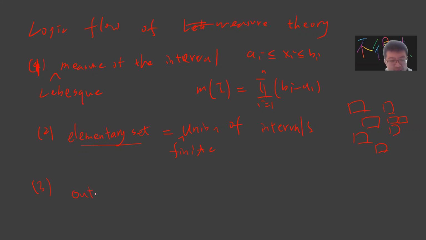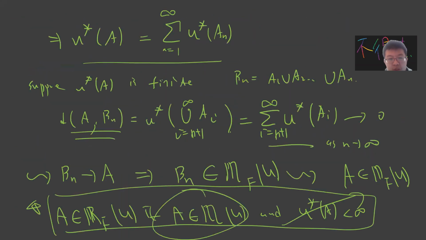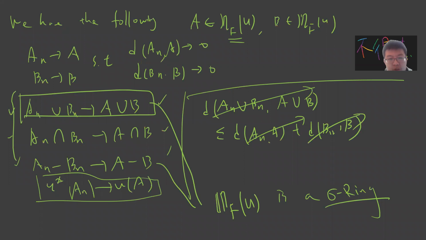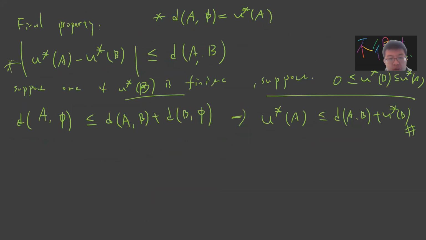And the third is what we just proved in a previous video. You can define a so-called outer measure for each different measure, let's say mu. So you can define a mu on the elementary set, and then you can prove the previous two results. So let me just quickly read this.